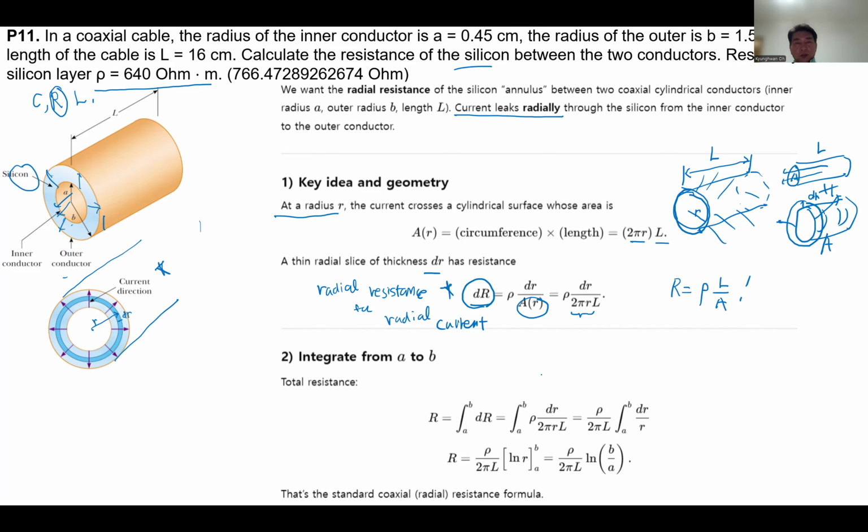If we understand this formula, the next thing is that we integrate for the total resistance, from A to B of dr. And then you see that it is given by this one, which is a formula we have already studied in our classes. But anyway, we are deriving the formula once again.